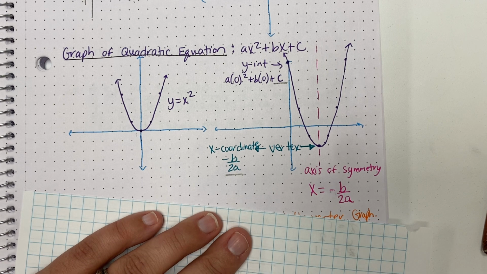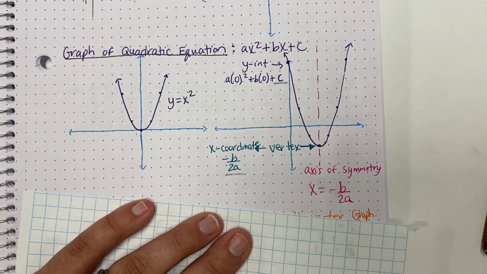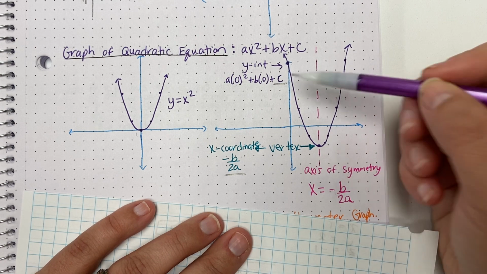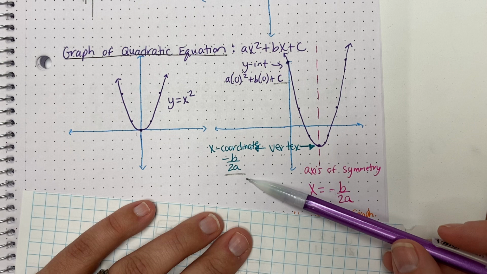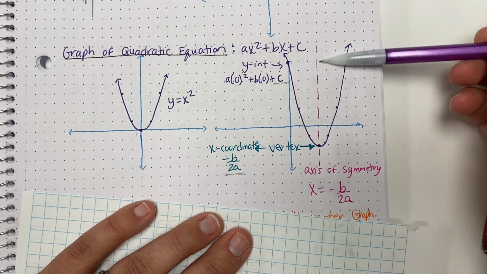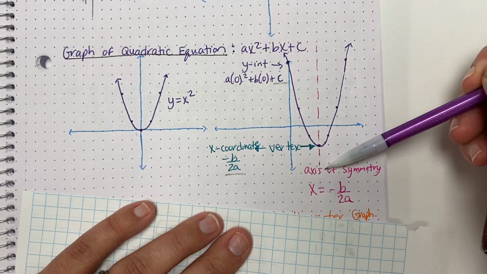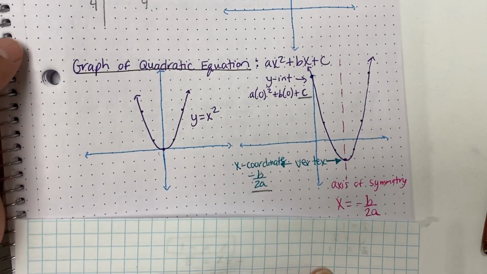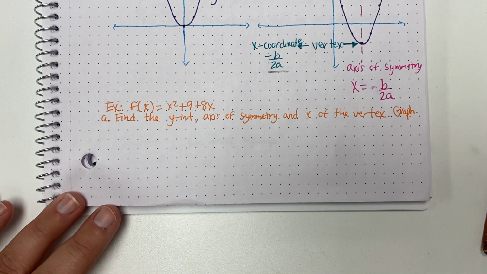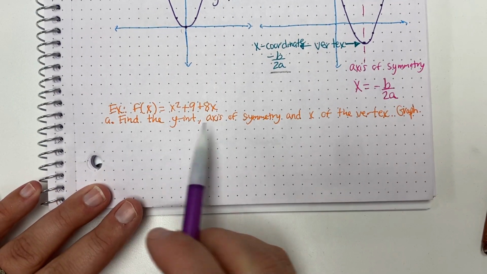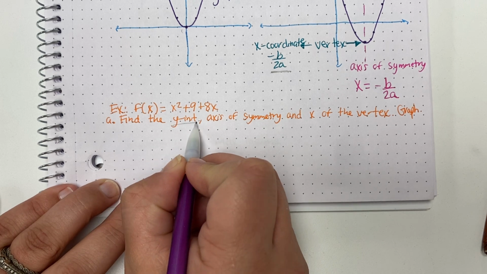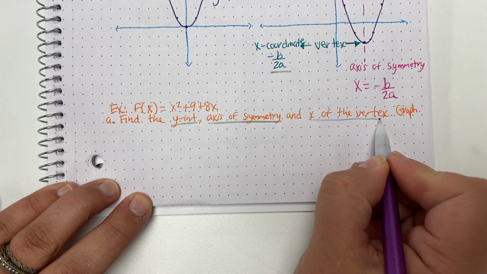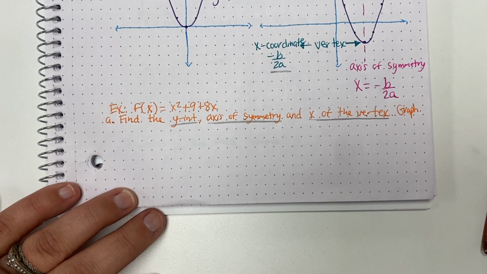So these are the two important pieces of information: c is the y-intercept, and we can use negative b over 2a to find the axis of symmetry and help us find the vertex. All right, so we have a problem here that asks us to find the y-intercept, the axis of symmetry, and the x of the vertex, and use that information to graph.